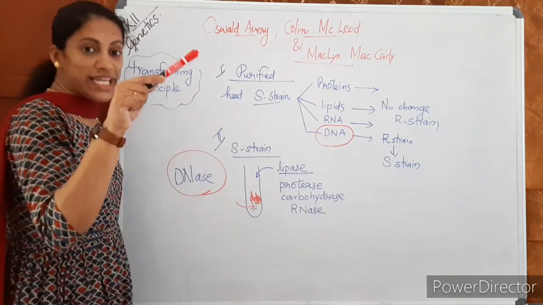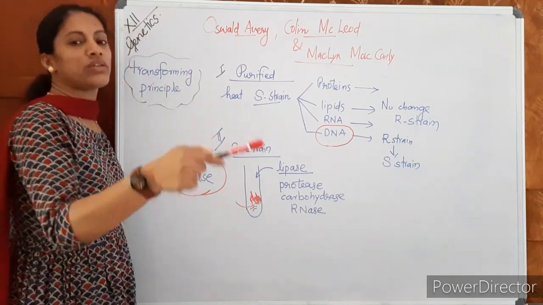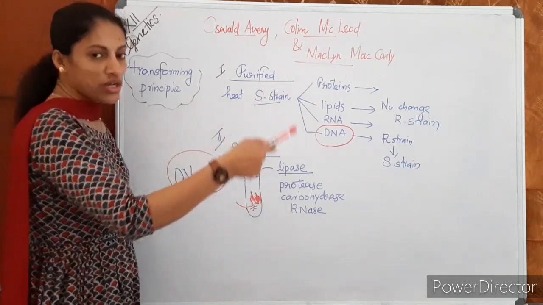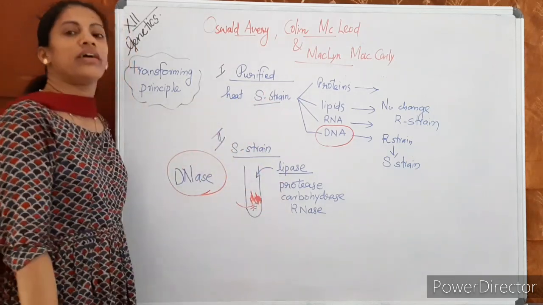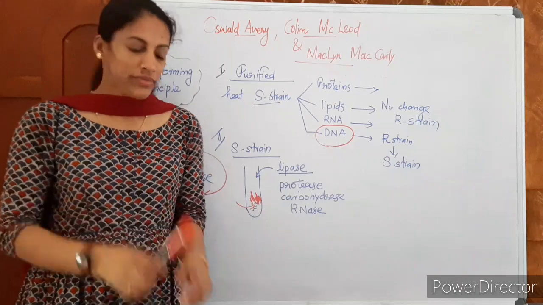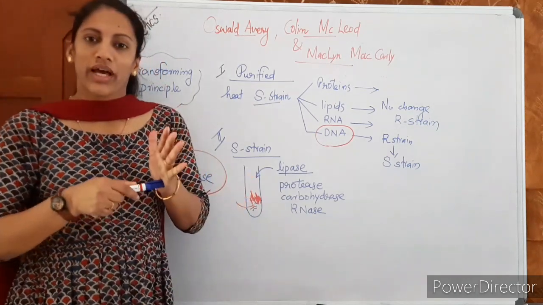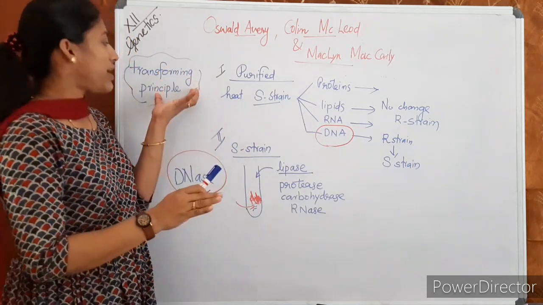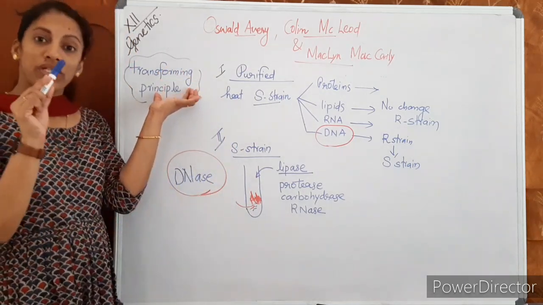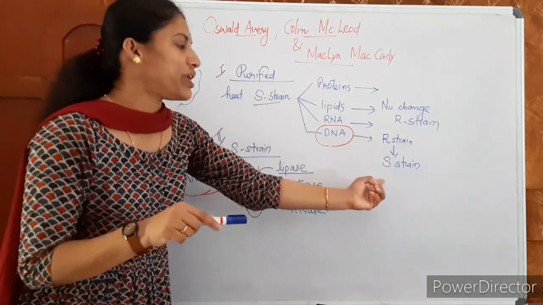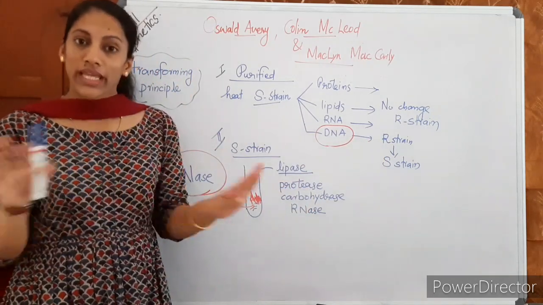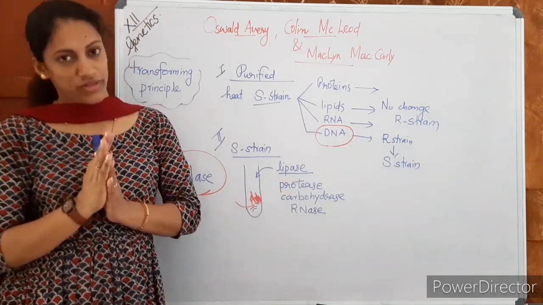That means DNA is responsible for the transformation, not lipid, not protein, not carbohydrate, not RNA. With these two experiments, they proved that DNA is the transforming principle which transformed R strain to S strain, not any other biomolecules.